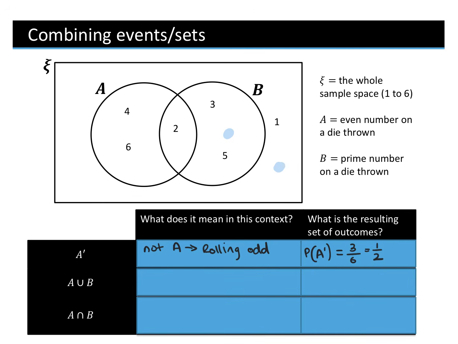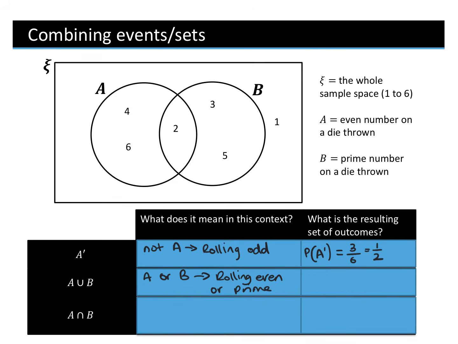So then for the second question, I'm just going to take this away. It wants the probability of A union B, which means A or B. And this is the probability of rolling even or prime in the context.